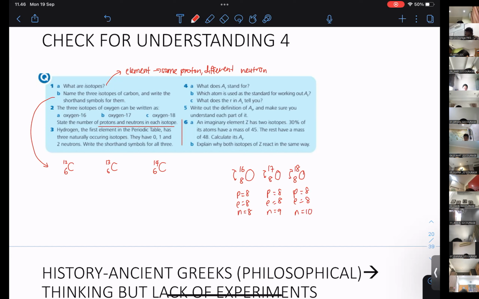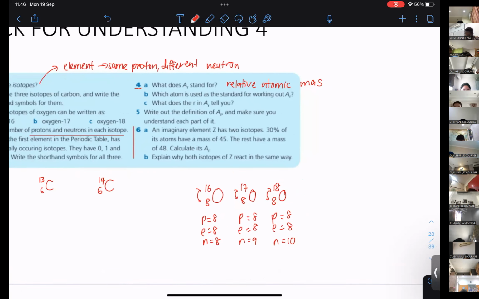Now, I will skip number 3. What does AR stand for? It stands for relative atomic mass. Which atom is used as the standard for working out a relative atomic mass? Last time it was hydrogen, but do not write hydrogen anymore.